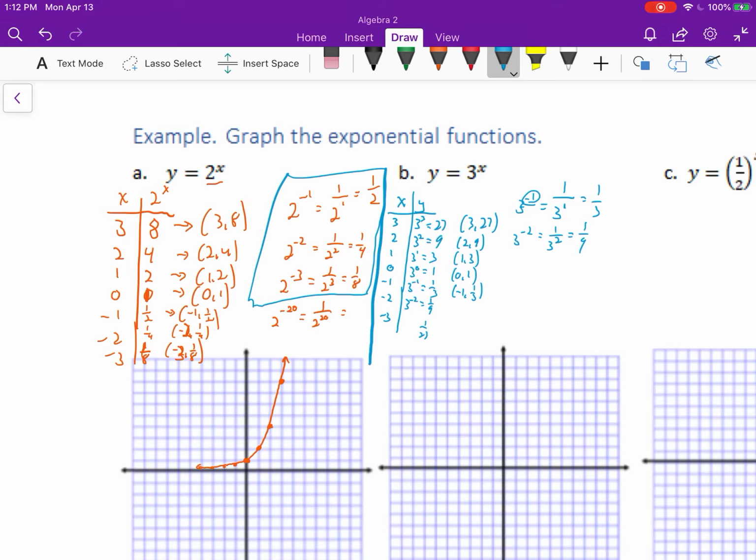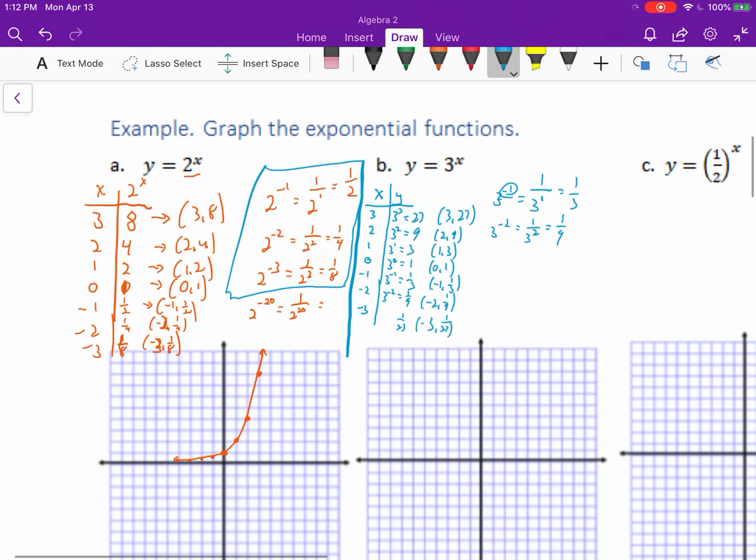And this will be 1/27. So this gives us a few more points: negative 1, 1/3, negative 2, 1/9, and negative 3, 1/27. So we'll graph those. We have 3, 27, which is way off our graph.